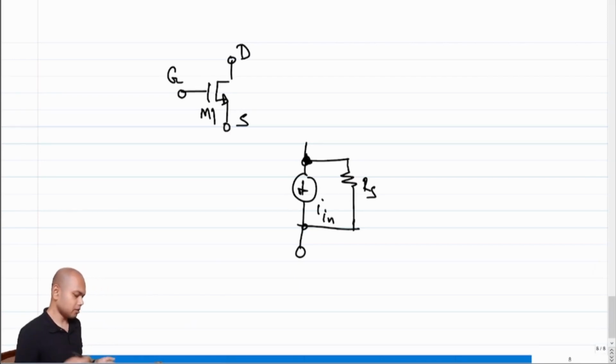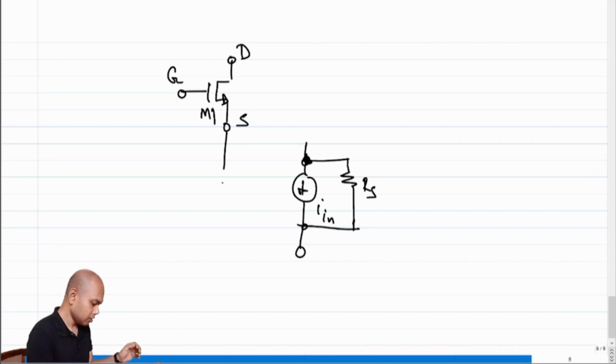So let's take one of our favorite ways of biasing: put a current source at the drain or put a current source at the source. In this case, since I would like to connect the incremental current source to the source, the source cannot be grounded, which means I would like to use the biasing current at the source of the transistor. So this, let's say, is I naught, right?